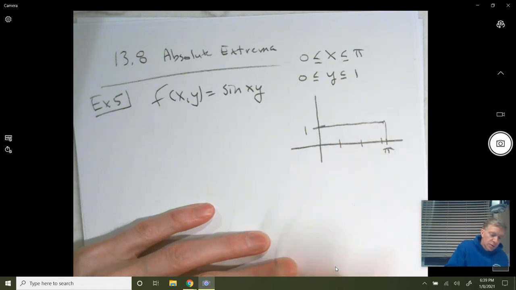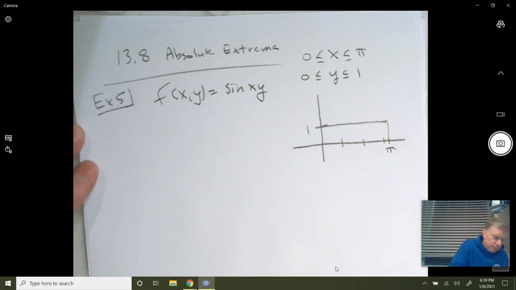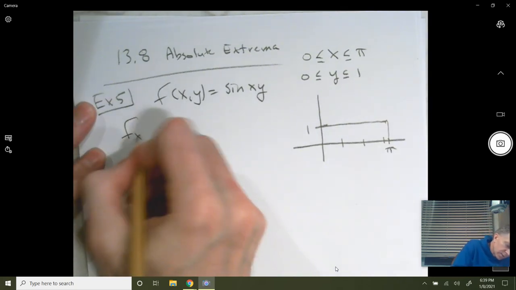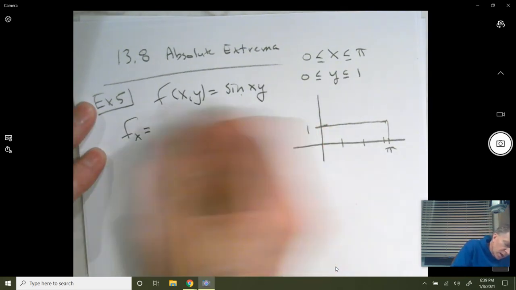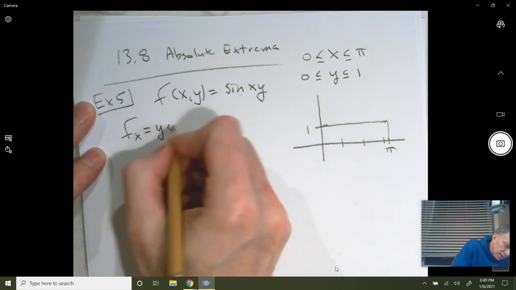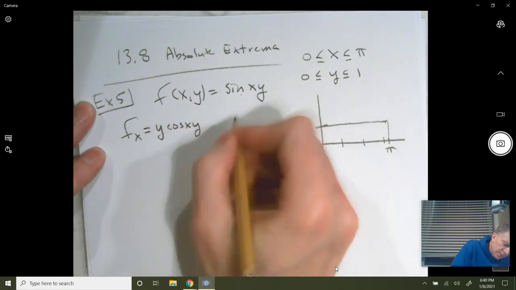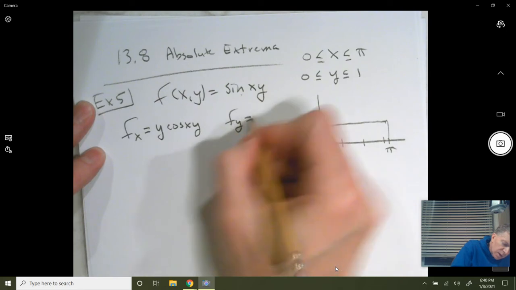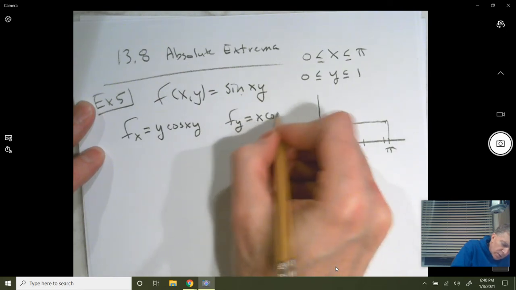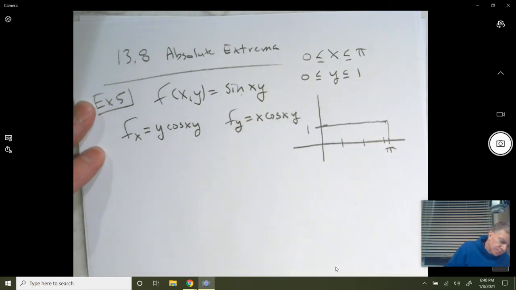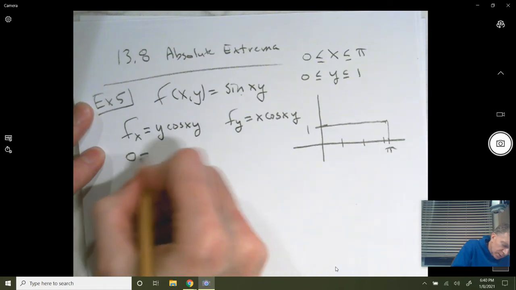Okay, so first we're going to do our second derivative test, find our x derivative, which is going to be y cosine of xy. Find your y derivative, x cosine of xy. Okay, you're going to set both of those equal to 0.